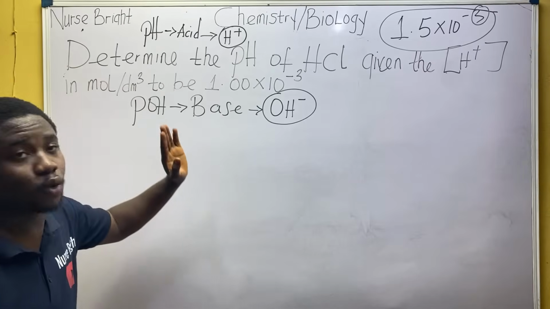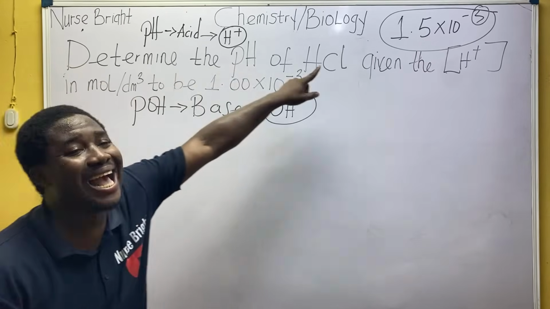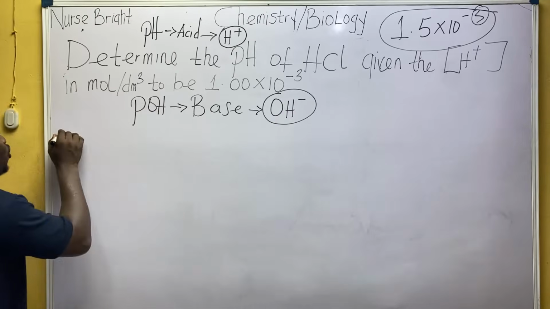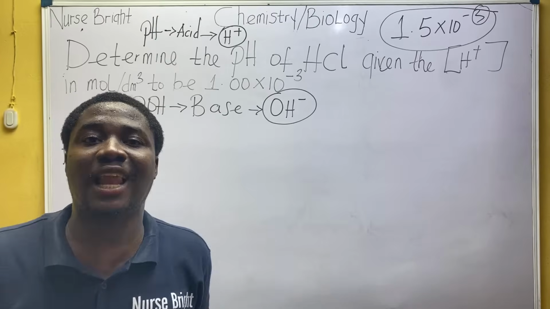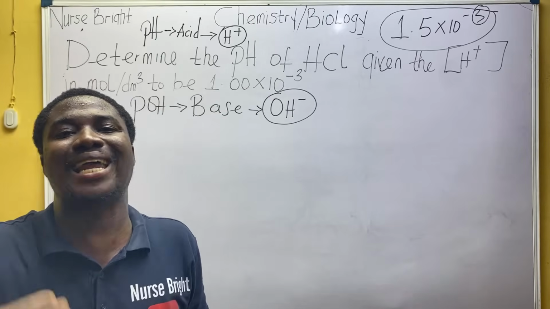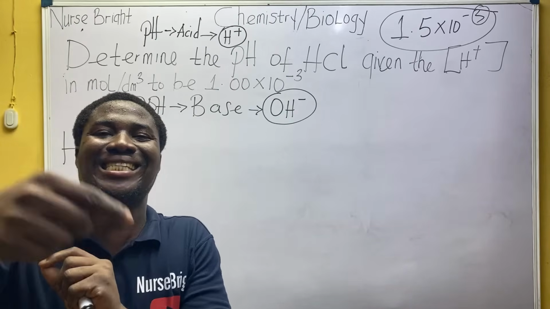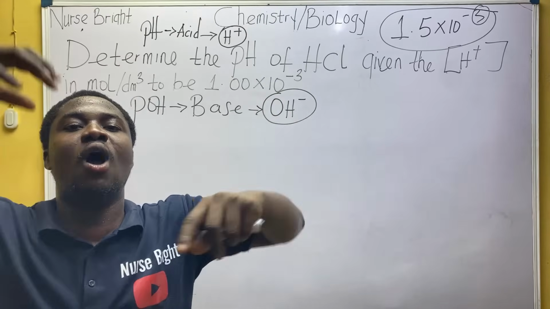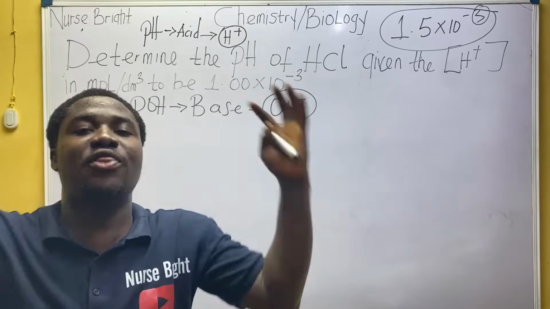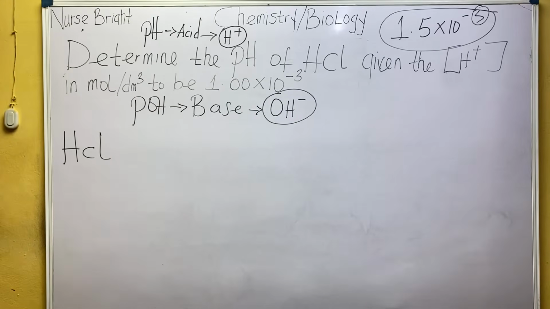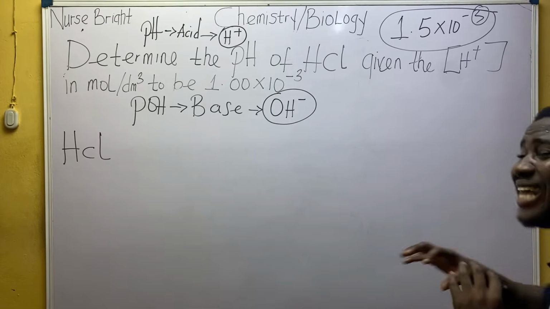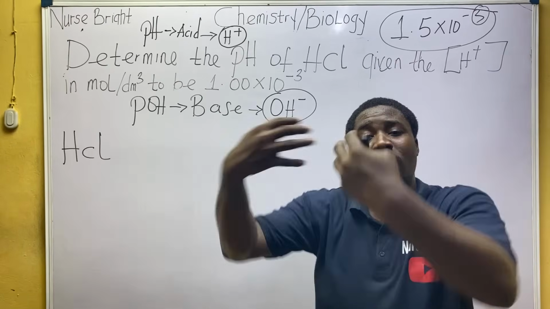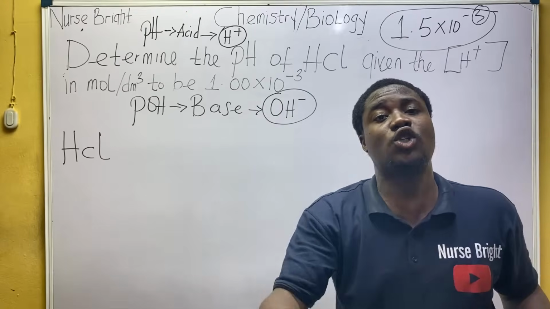So I want to rephrase this question. HCl is an acid. As a student, you should know the list of strong acids. You should be able to tell when an acid is strong and when an acid is weak. An acid is strong when the acid completely ionizes in a solution of water.